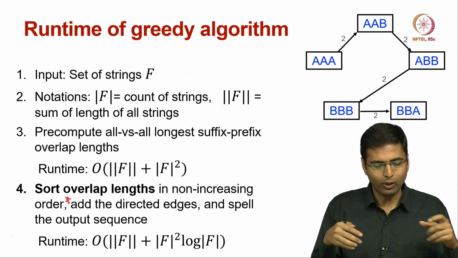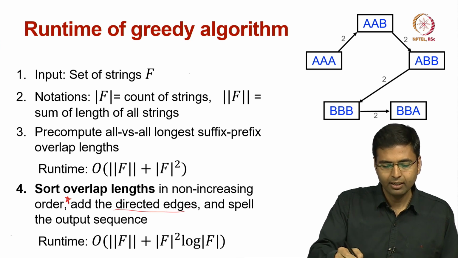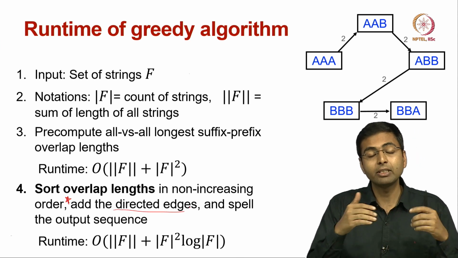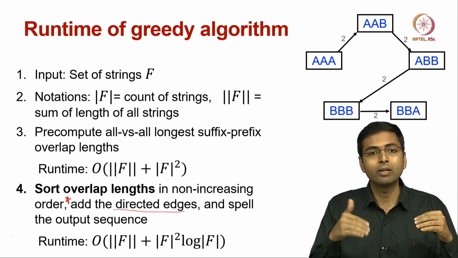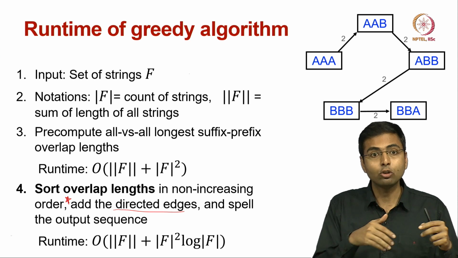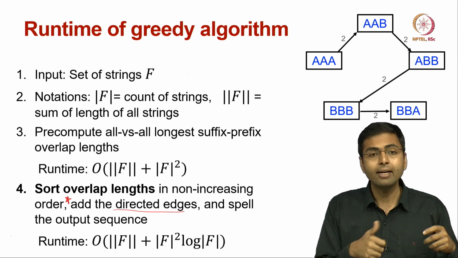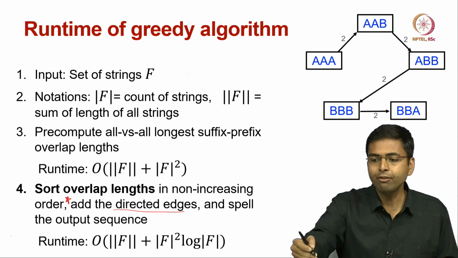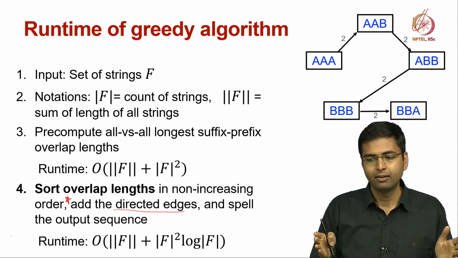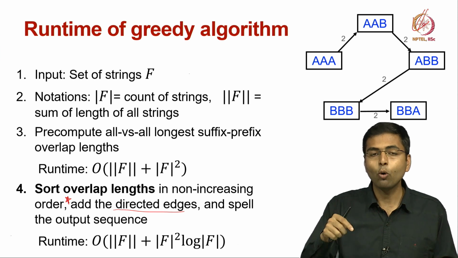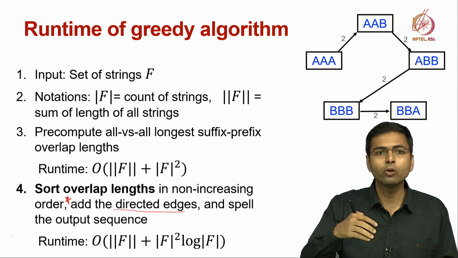Because the greedy algorithm favors longer suffix prefix overlap lengths over shorter overlap lengths, we can sort all these overlaps in non-increasing order and continue to build this graph until we form a single connected component. Then we can spell the final output sequence to give the greedy output.